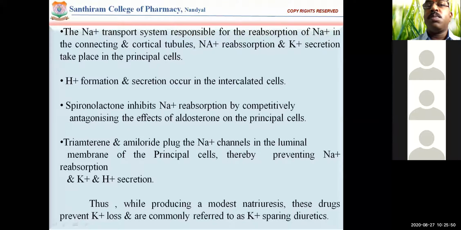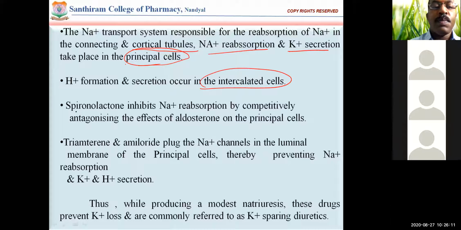So the Na plus transport system is responsible for reabsorption of sodium ions in the connecting and cortical tubules. Here reabsorption of sodium and potassium secretion takes place in the principal cells. H plus formation and secretion occurs in the intercalated cells, and then spironolactone inhibits Na plus reabsorption by competitively antagonizing the effects of aldosterone on the principal cells.